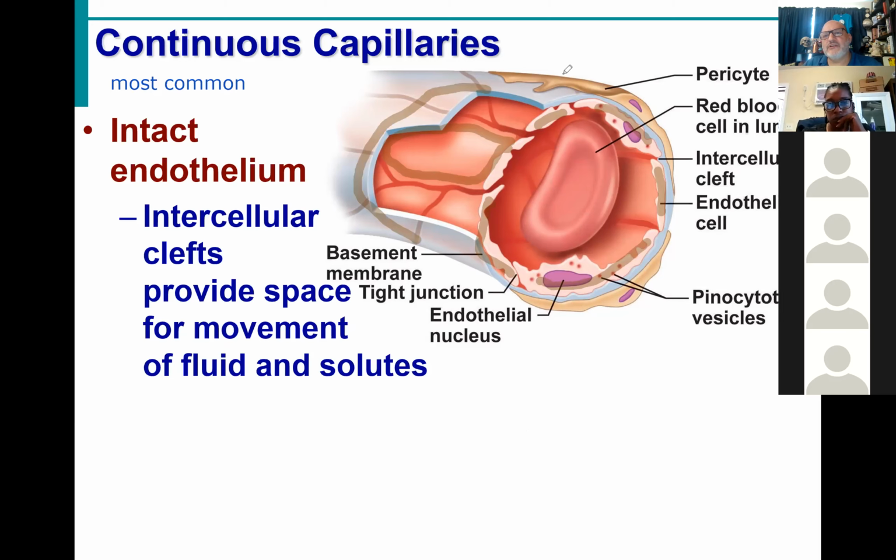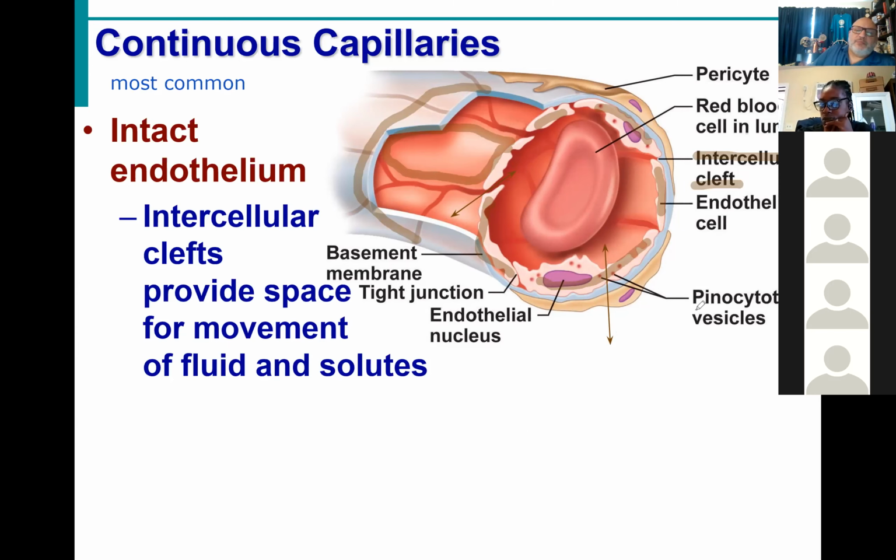And while certainly some of the materials that are going to diffuse into and out of our capillary can do it through the plasma membrane, just as many are going to sneak through the cracks between the cells. These cracks between the cells are what are known as the intercellular clefts.